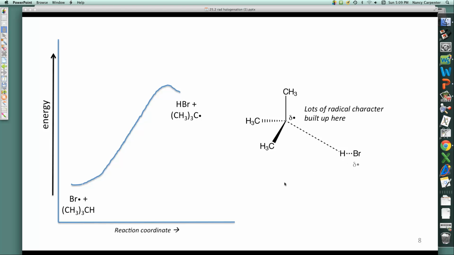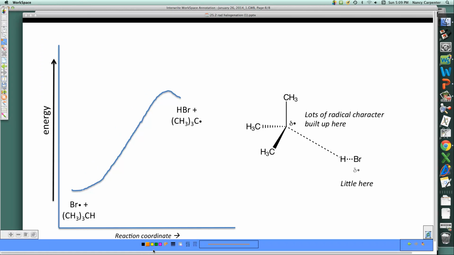So what that means is that it's clear in this structure at this transition state there's a ton of radical character on the carbon. Well, a corollary is that there's little radical character on the bromine.